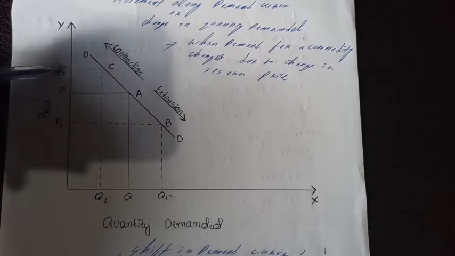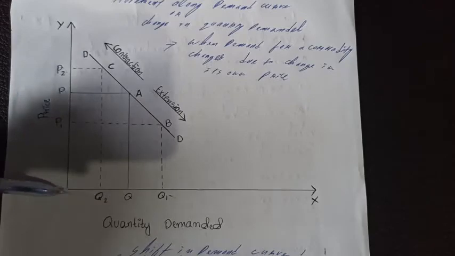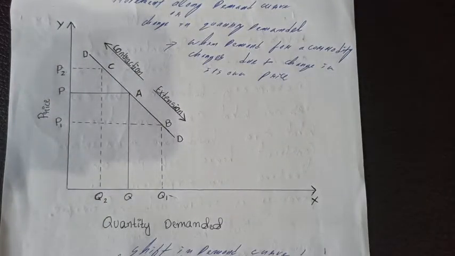That means when quantity demanded rises because of fall in price, we call it expansion or extension of demand. On the other hand, when price rises from P to P2, our quantity demanded will decrease from Q to Q2. So we call that contraction of demand. I hope that is clear.